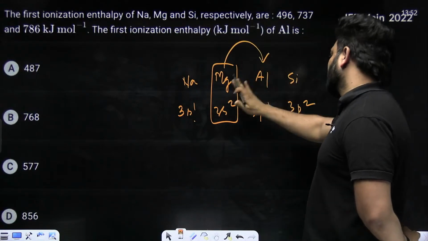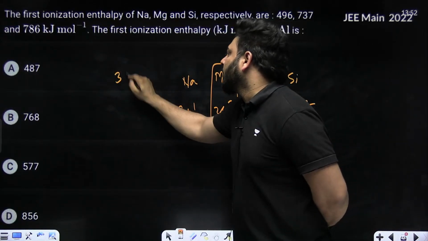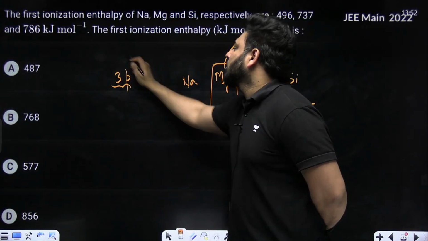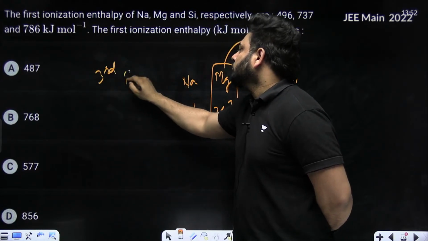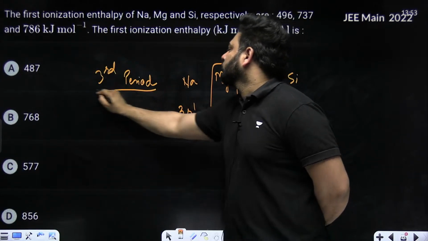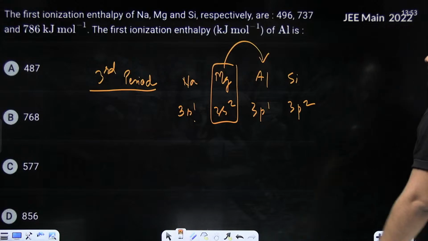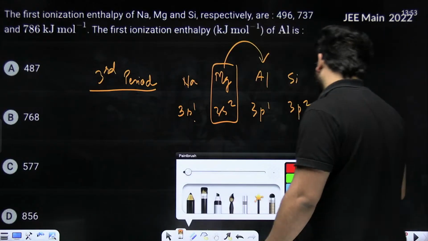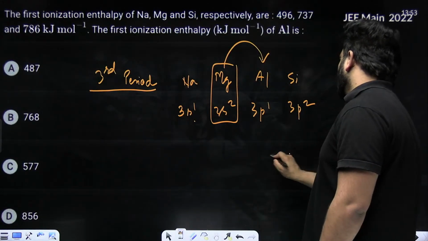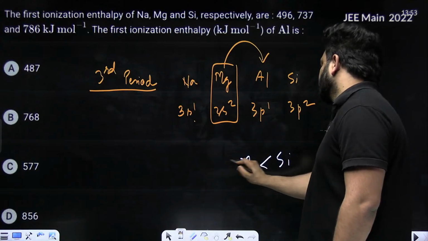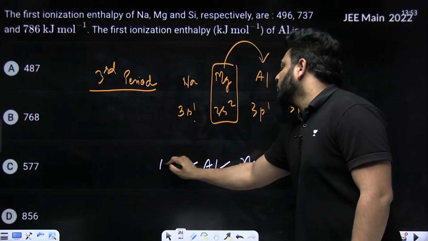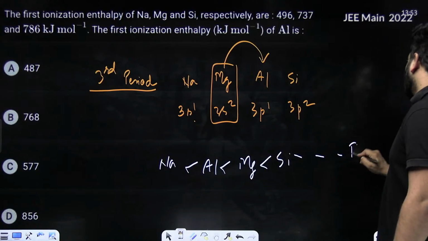This is the third period we are talking about. So in the third period, this is the correct order of ionization enthalpy: silicon, magnesium, aluminium, and then comes sodium.